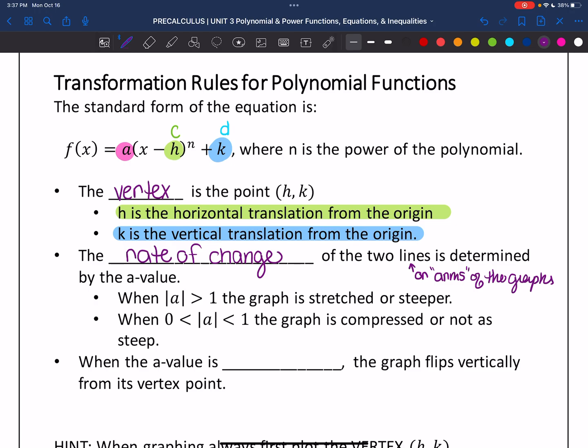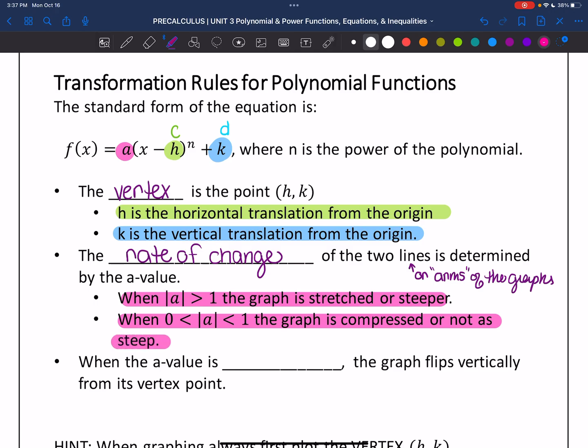If the absolute value of a is greater than 1, then it's going to be steeper. But if the absolute value of a is between 0 and 1, it's going to be compressed. It's going to look smushed down, like from on top and bottom.